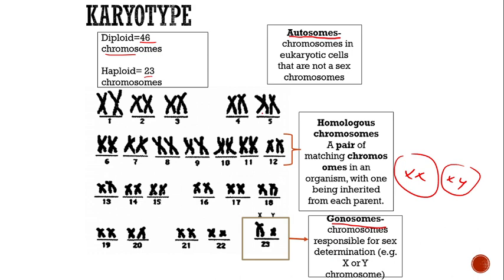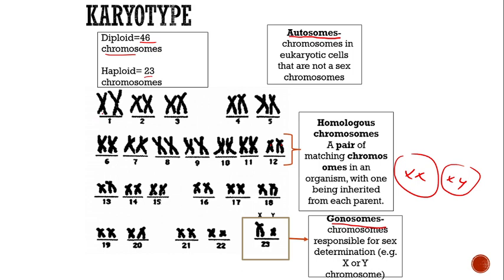And you'll see that they exist in pairs, as I've already said, in what we call homologous pairs: a pair of matching chromosomes in an organism, with one being inherited from each parent. Remember, you get 23 chromosomes, not pairs, from your father, and 23 chromosomes from your mother, making it 46 chromosomes all in all, and they will exist in pairs.